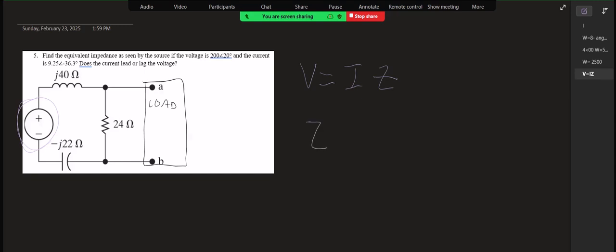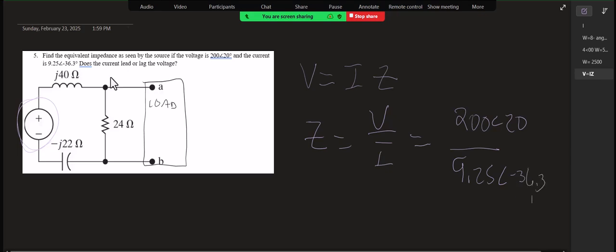And so Z is going to equal V over I, where V is 200 angle 20, and I is 9.25 angle negative 36.3.